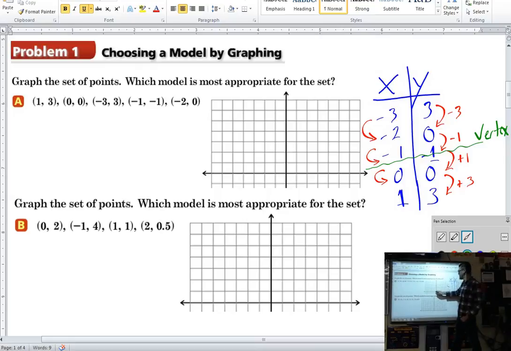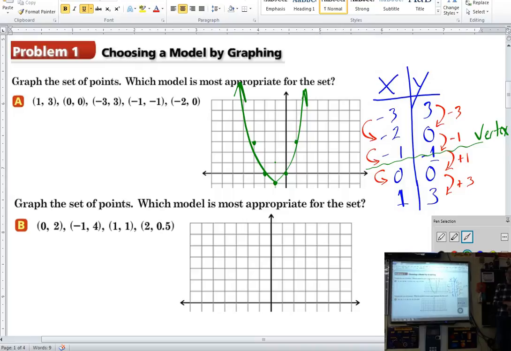So if we plot these points, I would have (0, -1), (-1, 0), (-2, 3), and I also have (1, 0). And we get a graph that looks something like that.